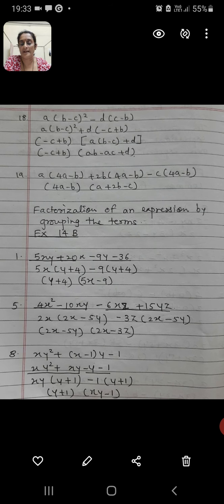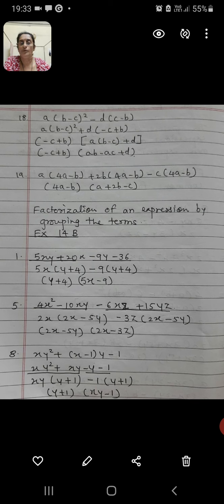So 4a minus b will be the first factor, and the remaining terms a plus 2b minus c will be in the second bracket, and that is the second factor. So the first factor of the given term is 4a minus b, and a plus 2b minus c is the second bracket.